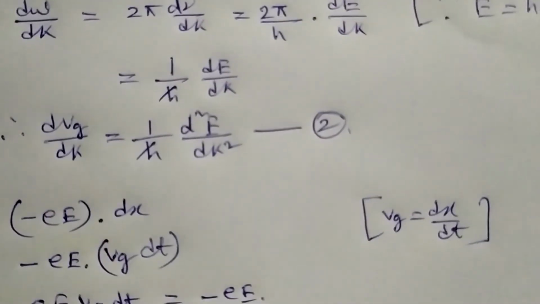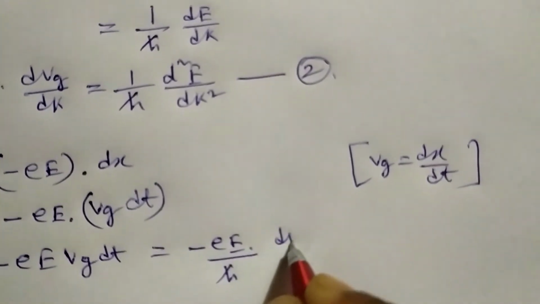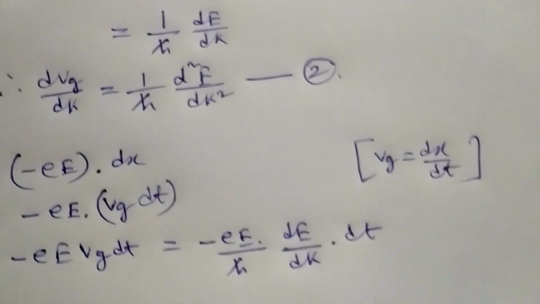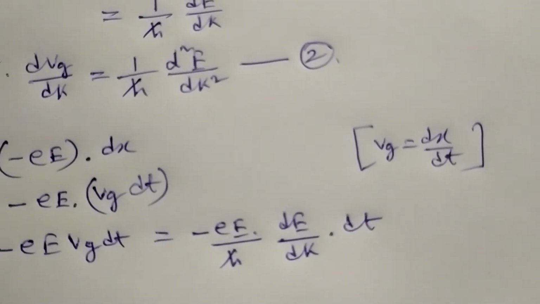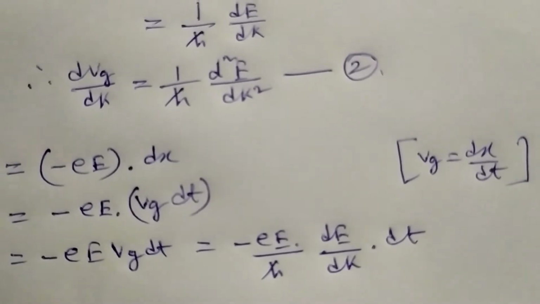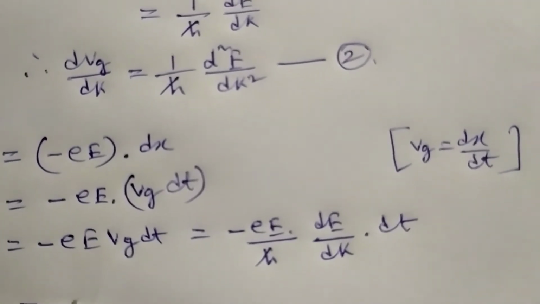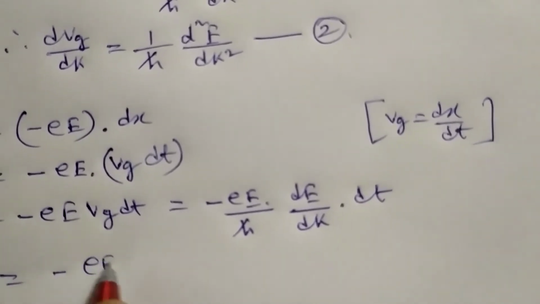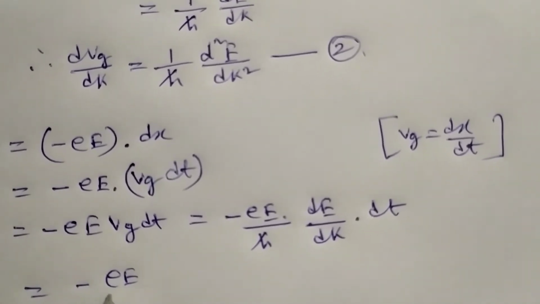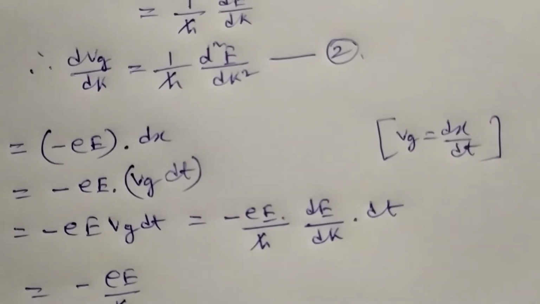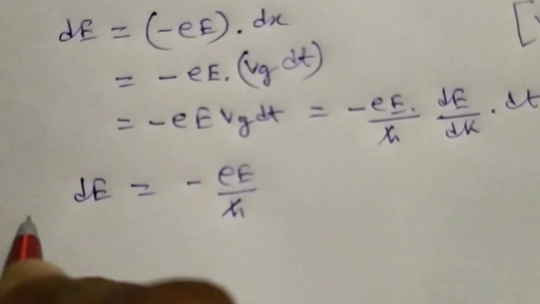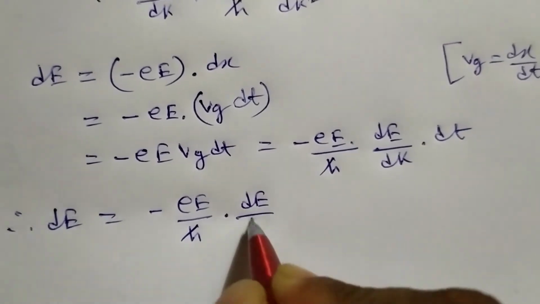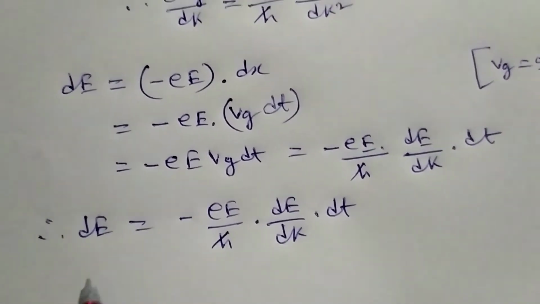So put that value: dE equal to minus eE by h cut dE/dk into dt.